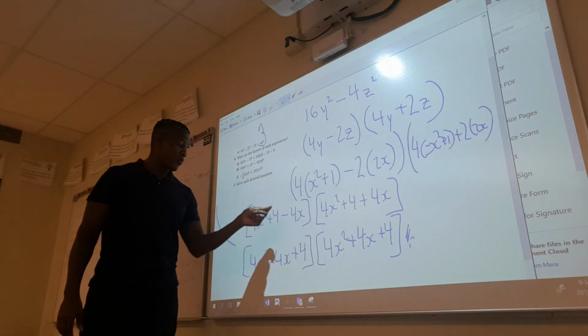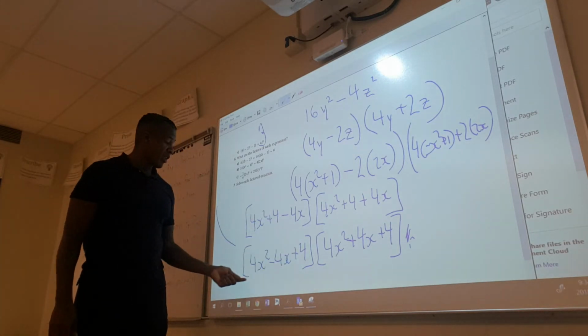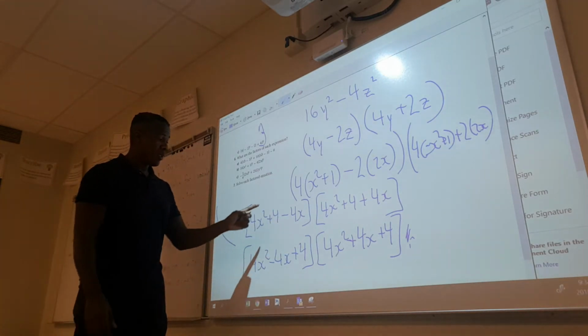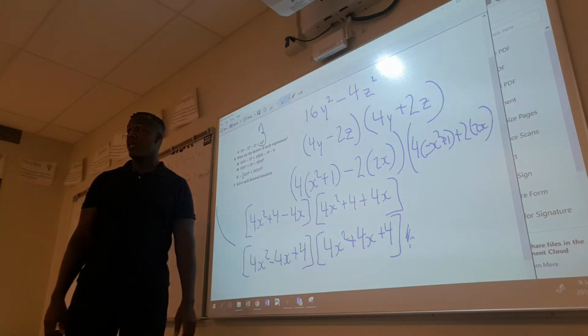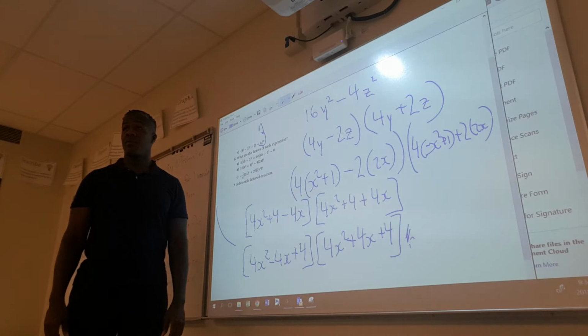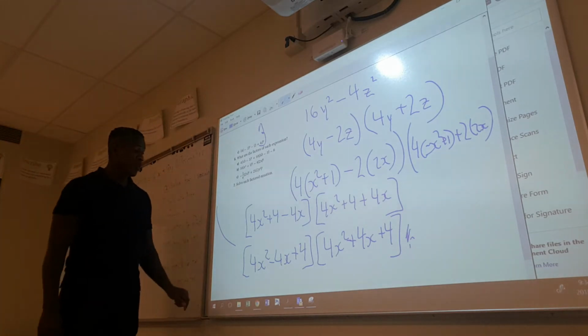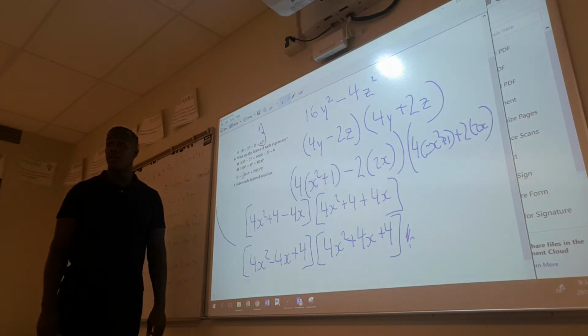Once we get to this part here, we're going to have to decide if there's a way to further simplify this quantity. Just factor over 4, and that'll be your final answer. Okay, so there was a 16 in front, right? Why do you think there's a 16 in front?